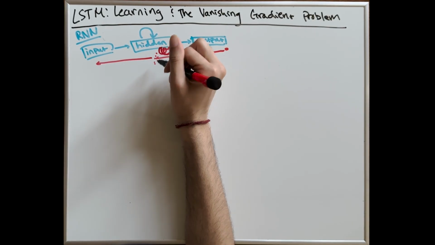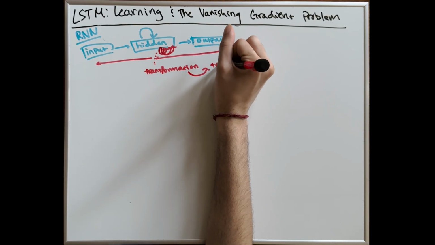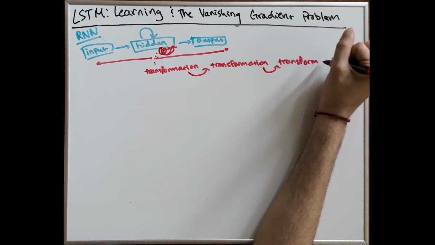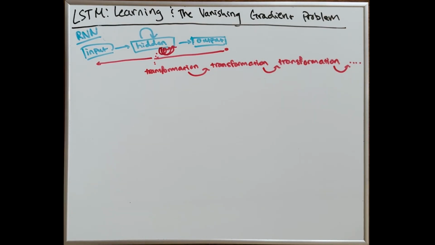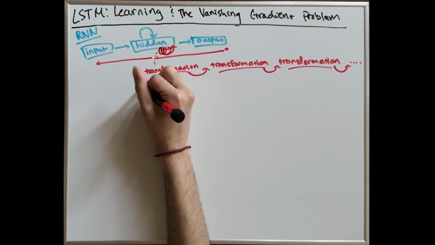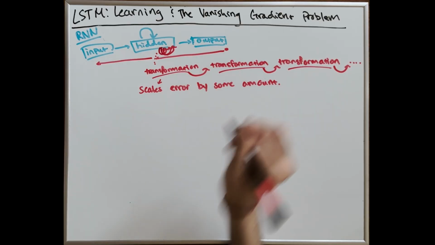A useful way to picture this is passing a signal through a long chain of transformations. At each time step, the hidden state gets transformed, and then at the next time step, this new state gets transformed, and then again, and again. So, when we send error backward through time, we're effectively unwinding that whole chain. And the issue arises because every step in that chain tends to scale the error by some amount.